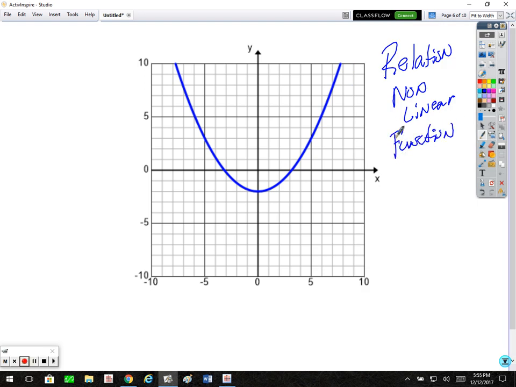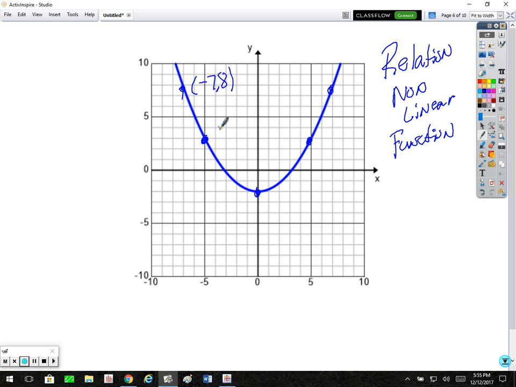Now, just to give you a couple of examples, let's just pick a couple points. If I pick this point, this point, maybe this point, and this point. Well, if I start plotting those points, this point would be negative 5, 6, 7, 8. So this is negative 7, 8.